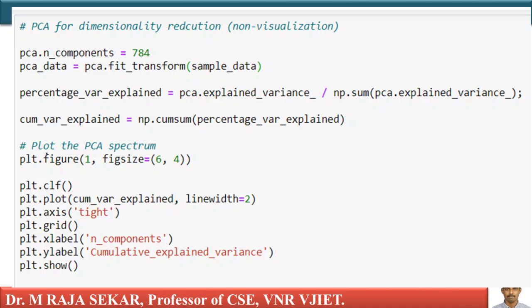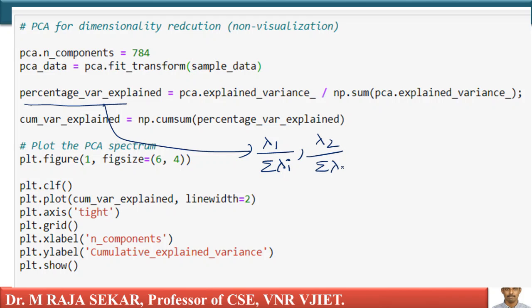Here there is something like percentage_variance_explained. Again, I request you to go through my previous lectures to understand these concepts. What is this percentage_variance_explained? It is simple. It is lambda 1 by sigma lambda I, comma, lambda 2 by sigma lambda I, comma, lambda 3 by sigma lambda I, and so on.